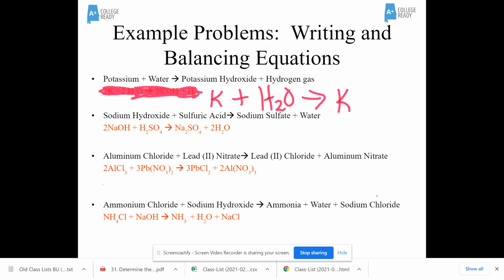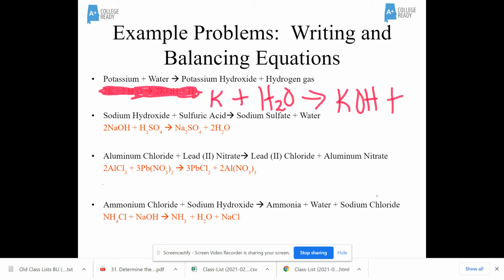OH. What's the charge on a hydroxide? -1. What's the charge on a potassium? +1. So they balance out, so I just have one of each. KOH. Remember that? We've been doing that for a long, long time.